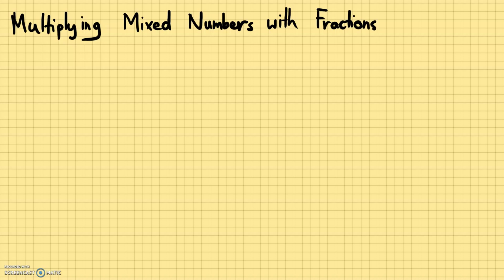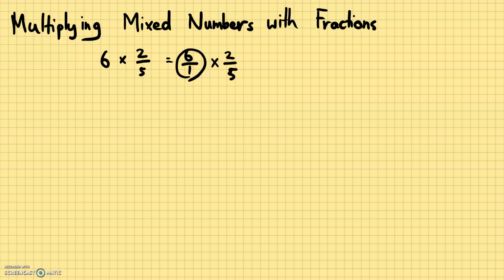So, previously I've shown you how to multiply a whole number with a fraction, and that is to change the whole number. For example, if we're multiplying 6 times 2/5, change the whole number to an improper fraction and then multiply.